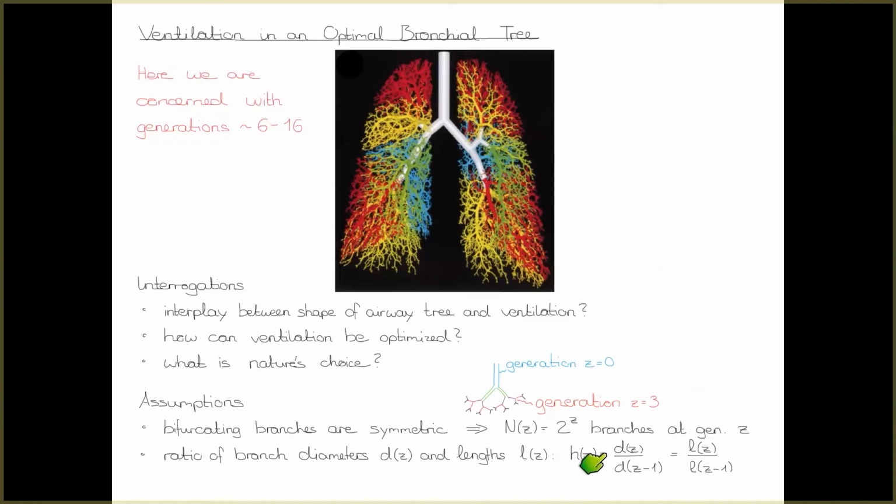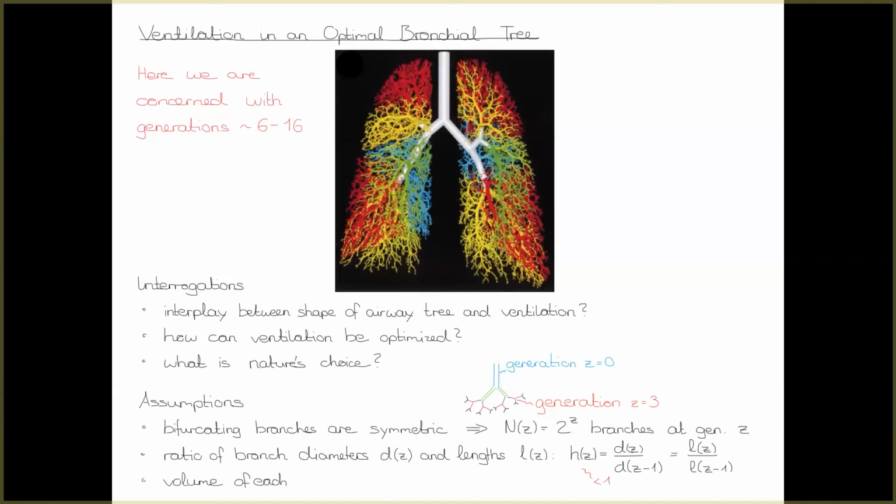Obviously, this is smaller than 1 because this diameter here is smaller than the diameter here. And we assume that this ratio is the same for the diameter as for the length. That means every branch is self-similar. When we make it smaller, we make it smaller the same way in the diameter and the length. Okay, there's some kind of self-similarity assumption. Of course it's smaller than 1, that's clear.